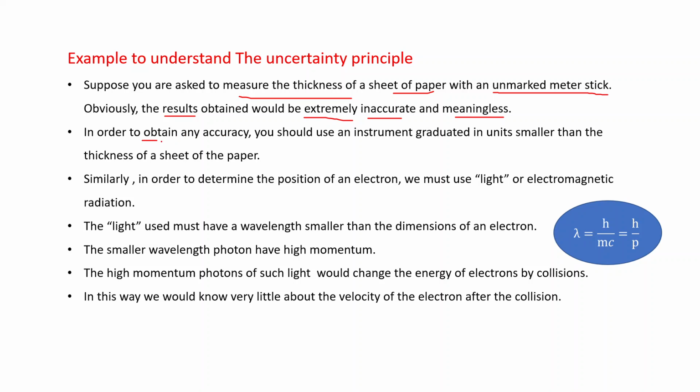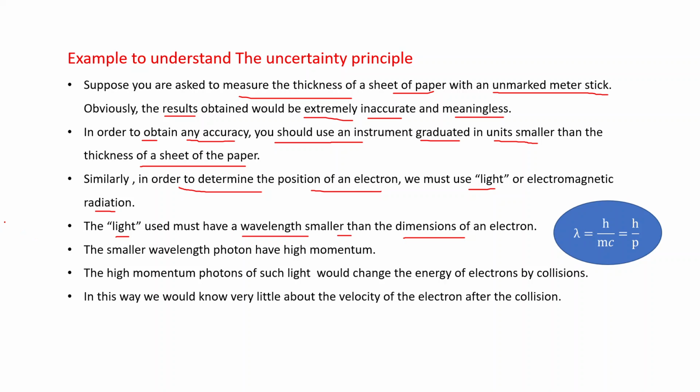In order to obtain any accuracy, you should use an instrument graduated in units smaller than the thickness of a sheet of paper. Similarly, in order to determine the position of an electron, you must use light or electromagnetic radiation. The light used must have a wavelength smaller than the dimensions of an electron.